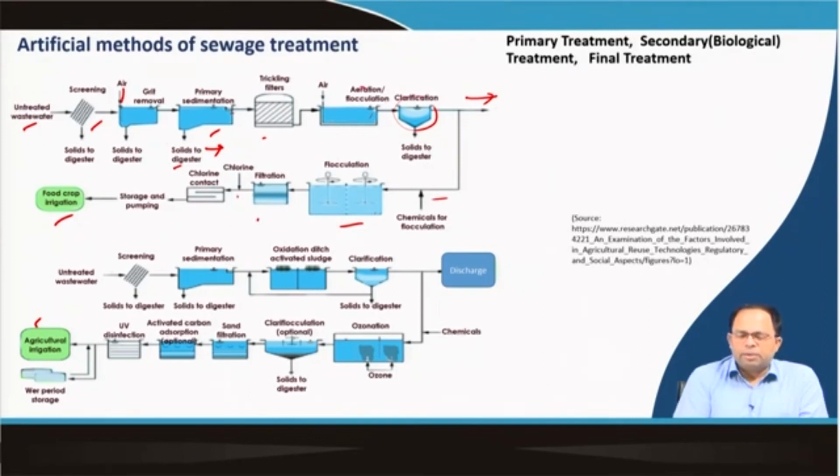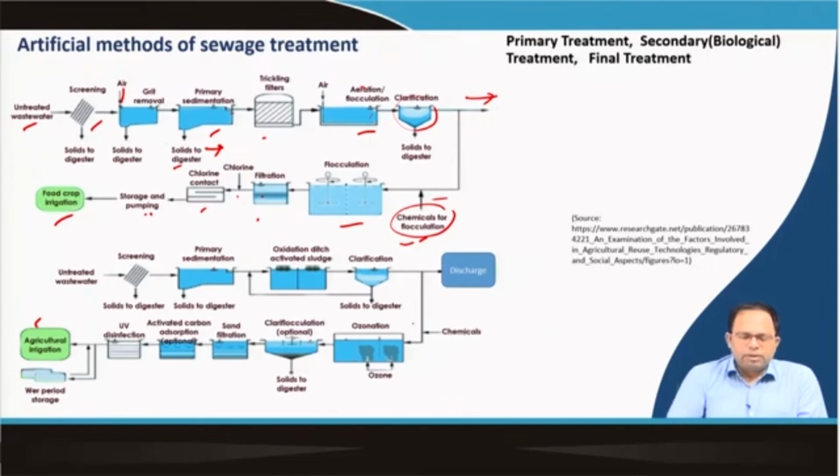Then we can store it and use pumps for food crop irrigation. So, again you can see that we are using chemical coagulation even after a biological process. These are case specific arrangements that are done in particular cases, because some chemicals are still there which have to be removed only via this particular process.